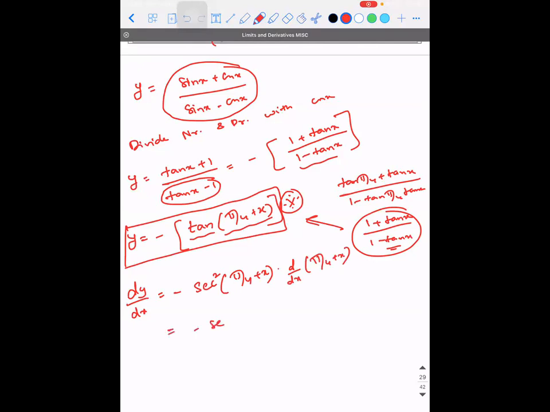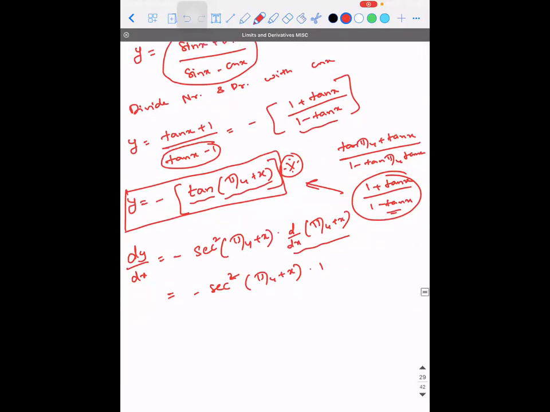Is that clear? So minus secant square of (pi by 4 plus x) into the derivative of (pi by 4 plus x) is how much? 1, sir. 1. That's right. So minus 1 divided by, can I write it as cos square of (pi by 4 plus x)? Am I right, guys?